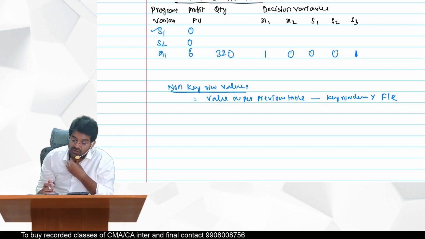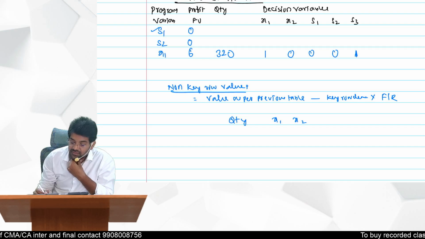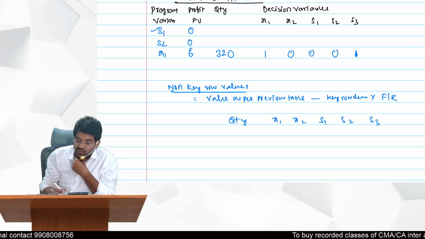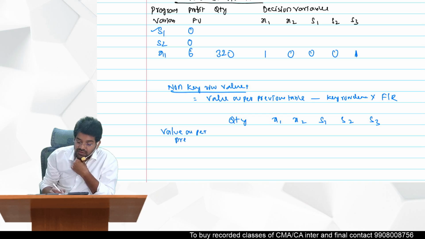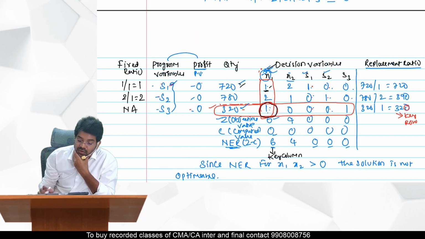So I will do it now for all: quantity, X1, X2, S1, S2, S3. First of all, what is the value as per previous table? Quantity S1, what is the value? 720.